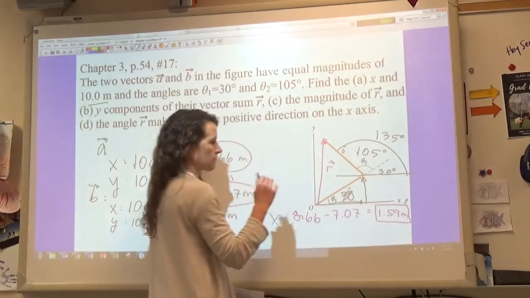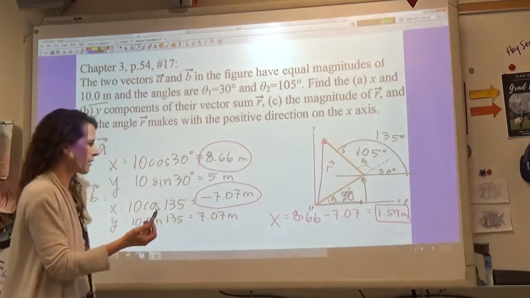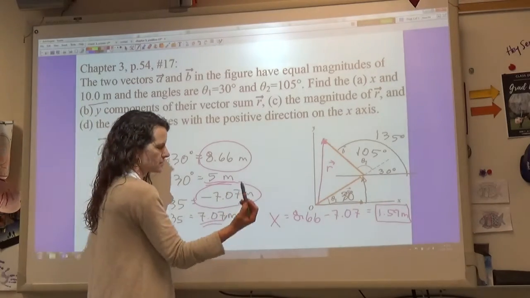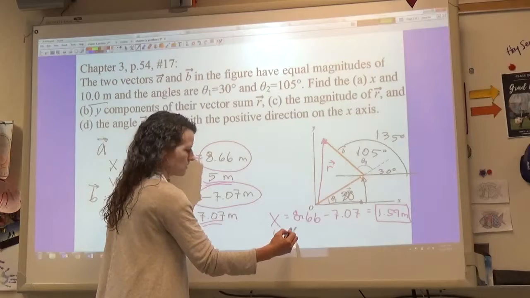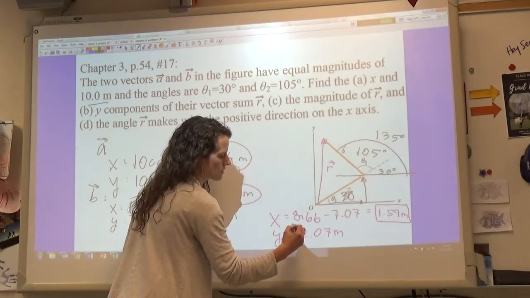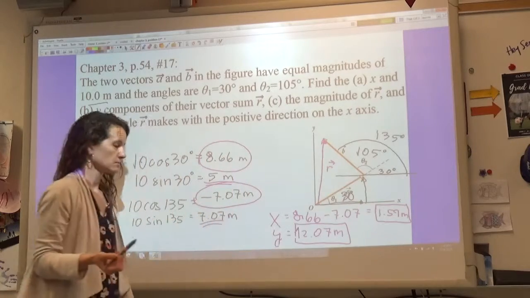So this is the answer for part A. And then for my y components, that's going to be 5 meters plus 7.07 meters, and so we can see that that is going to be 12.07 meters. So this is the answer to part B.